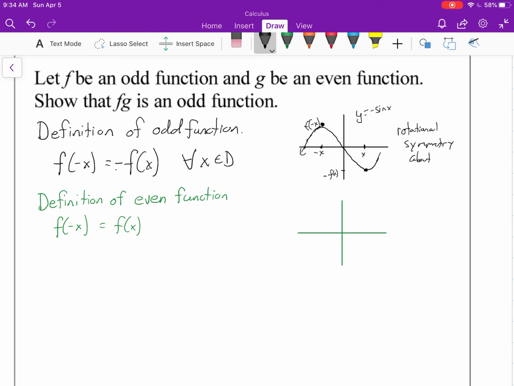So that's just a reminder of what it looks like. The graphing part actually is not what we're concerned about. In this lesson, we'll actually be using this definition over here on the left.